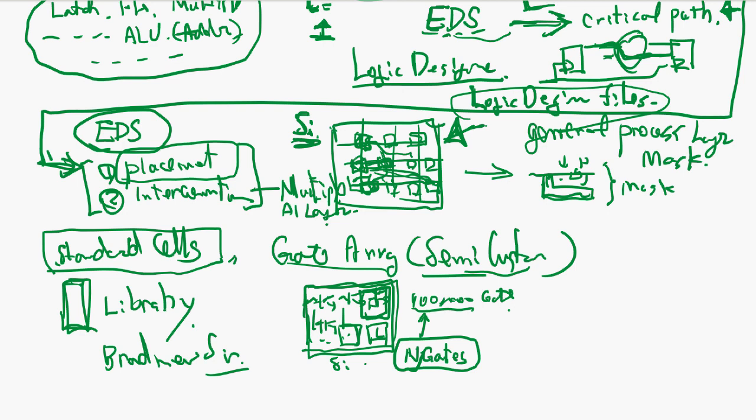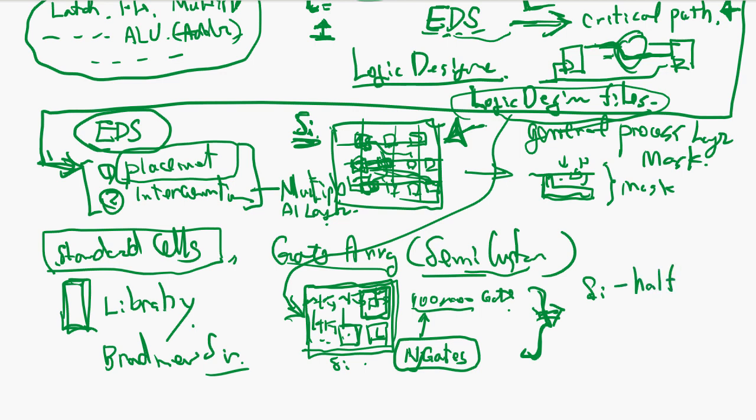Then you run this logical design file, generate interconnection files, and you interconnect it, then it's done. So it's a time saving method. The silicon is already half done and waiting for interconnection only.